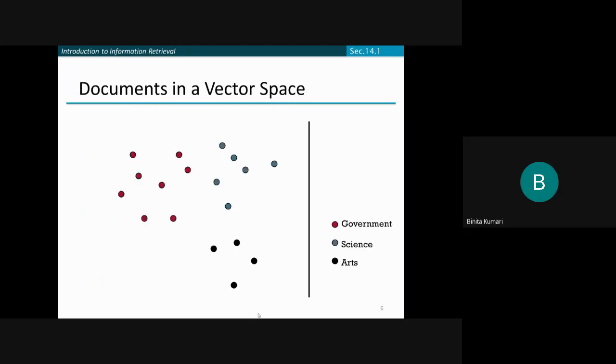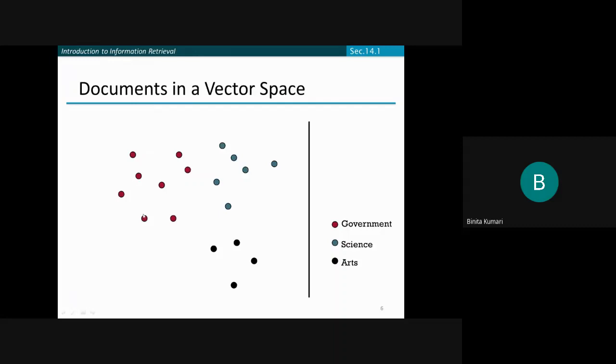Now let's go through an example. So this is the representation of the documents in vector space. So here each filled circle represents a document. Now you can see here three different colors of circles are there, which means that three different classes are there.